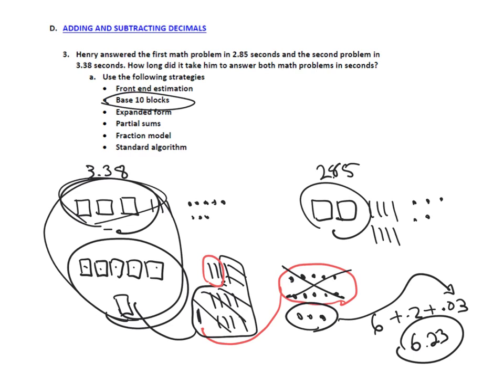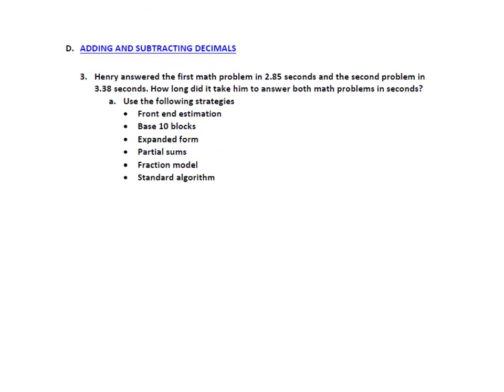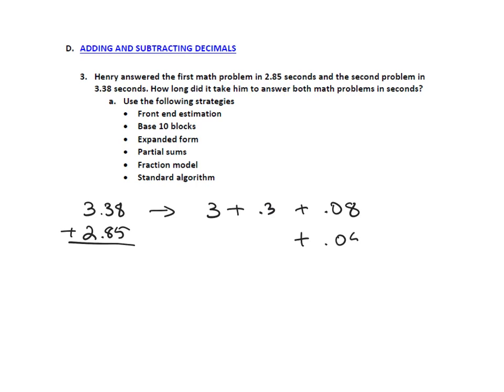So next, let's look at expanded form. Take 3 and 38 hundredths, 2 and 85 hundredths. We're just going to expand it to the 3 wholes plus 3/10 plus 8 hundredths, plus 2 wholes plus 8/10 plus 5 hundredths.